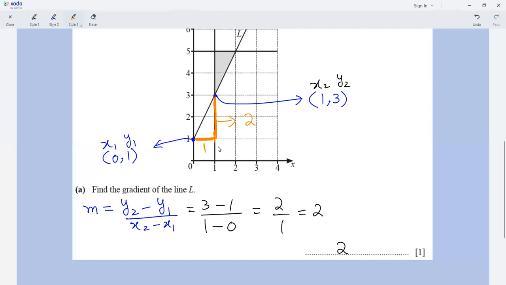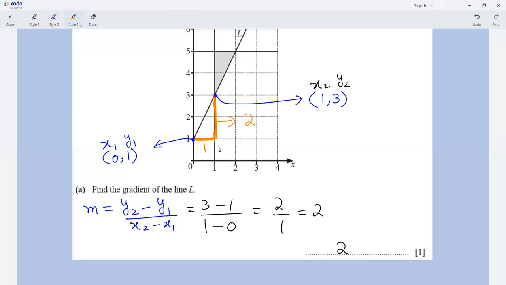So the formula is always the same for the gradient, rise over run. So 2 divided by 1. So we have to look at the change in y first, and then divide that by the run, which in this case is 1. So 2 divided by 1 gives us the result 2. So this is a technique for understanding through the graph how we can find it directly.